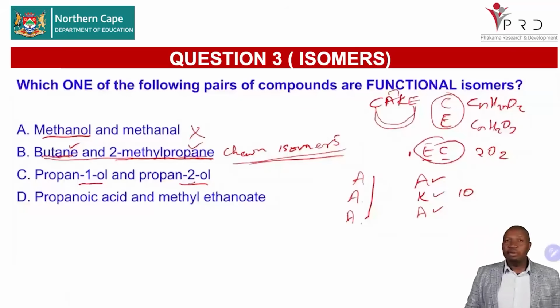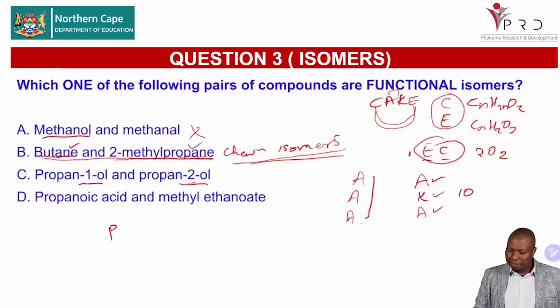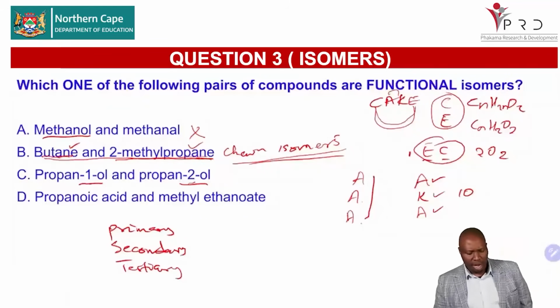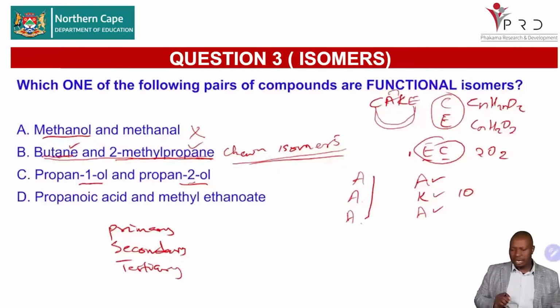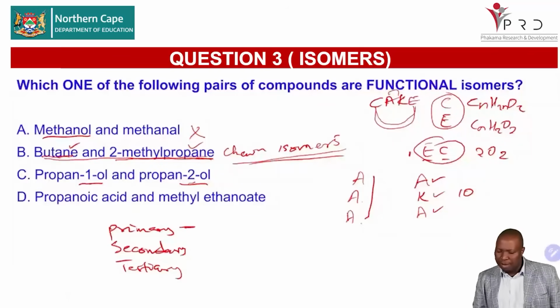And then we're able now as well to talk to the issue of primary, secondary, and tertiary alcohols or haloalkanes. So we can talk about primary alcohols, secondary alcohols, and tertiary alcohols. Looking at propan-1-ol, if you were to draw it, you will see the OH is on carbon number 1.